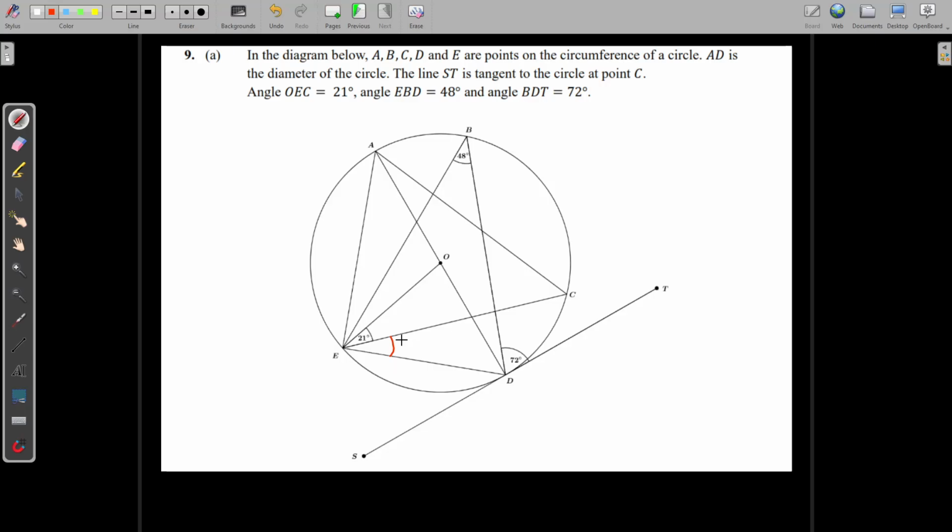Alright, so let's see. So what was the challenging aspect to this question? Tori, what did you find challenging about this question?